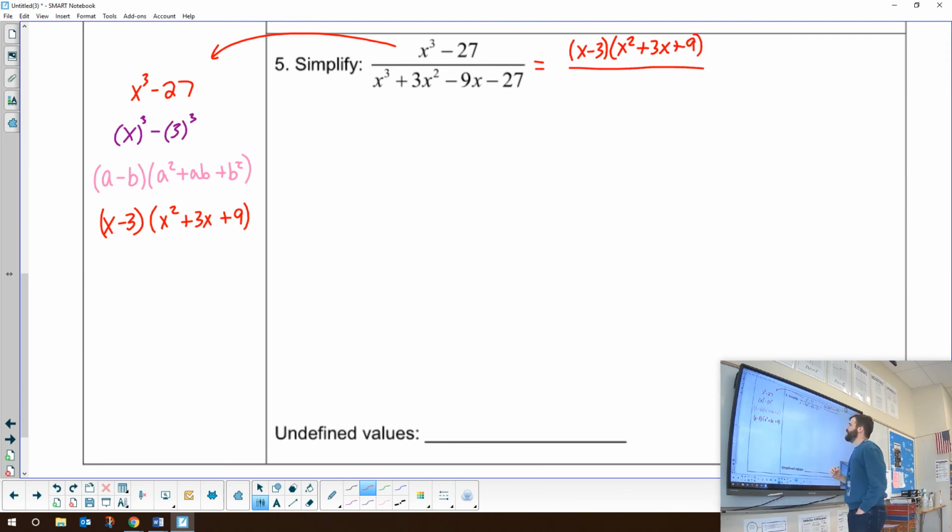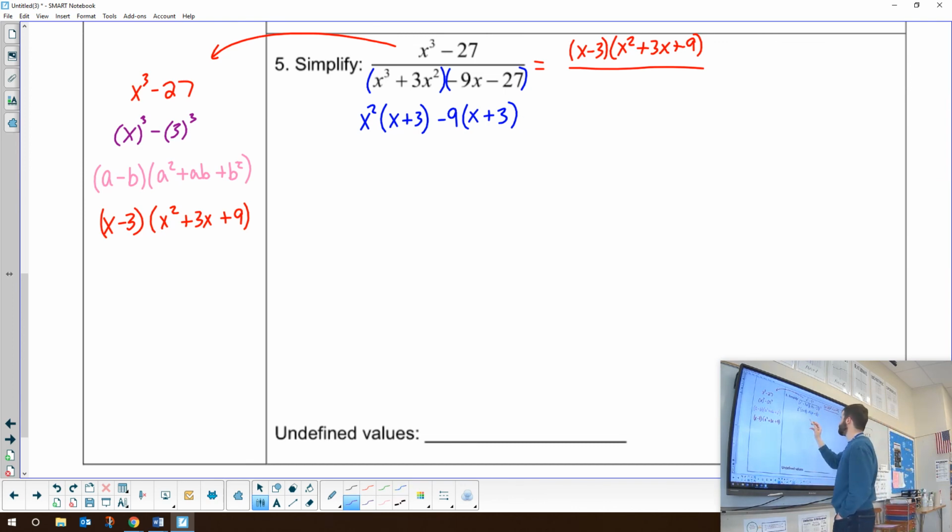Then I'm going to factor the bottom. Now the bottom, we first are going to look for a GCF. There is no GCF. Second, we have 4 terms. So to factor out those 4 terms, we are going to need to factor by grouping. So we're going to group the first 2 together and the last 2 together. First 2 I can pull out an x squared. The last 2 I can pull out a negative 9. That gives me x plus 3 and x plus 3.